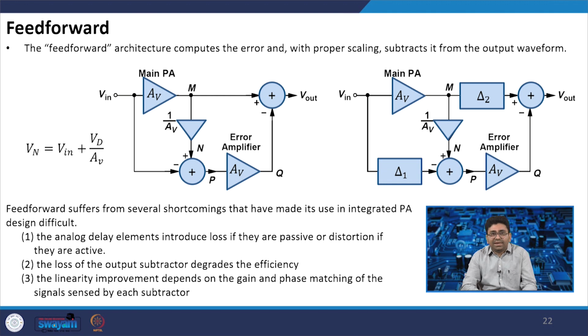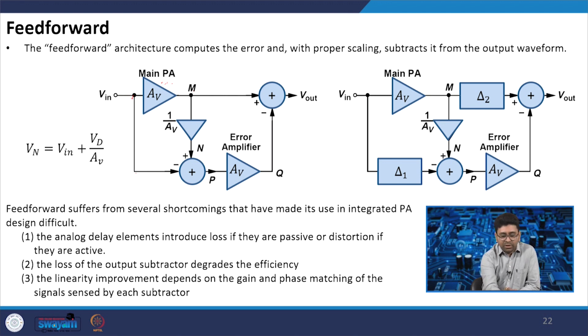So, one of the techniques is the feed forward technique. In the feed forward technique, there are two diagrams drawn here. This is the main power amplifier, and whatever non-linearity is added by this power amplifier will come at the point M, and this is the actual signal V in.